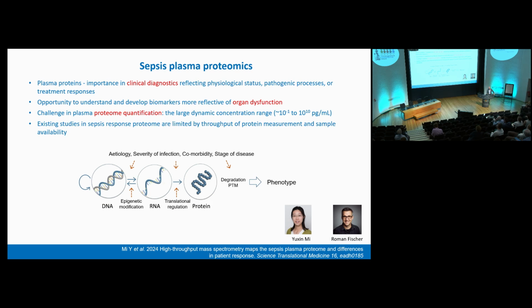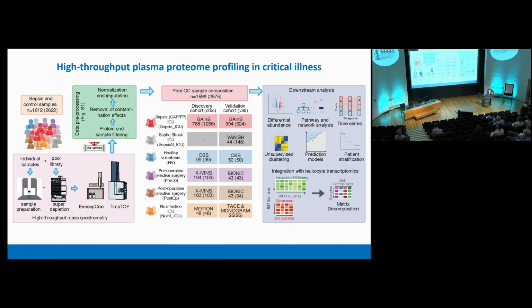In work that we did with Roman Fischer in Oxford, led by Yushin Mi, a PhD student in the team, we were able to bring together a very large number of patients, both with sepsis and a number of control populations: healthy controls, but also patients with sterile inflammation, and patients who were before and after surgery who had no evidence of infection. And the approach that we took here was based on mass spectrometry. And we were able to work with Roman to increase the throughput on that.